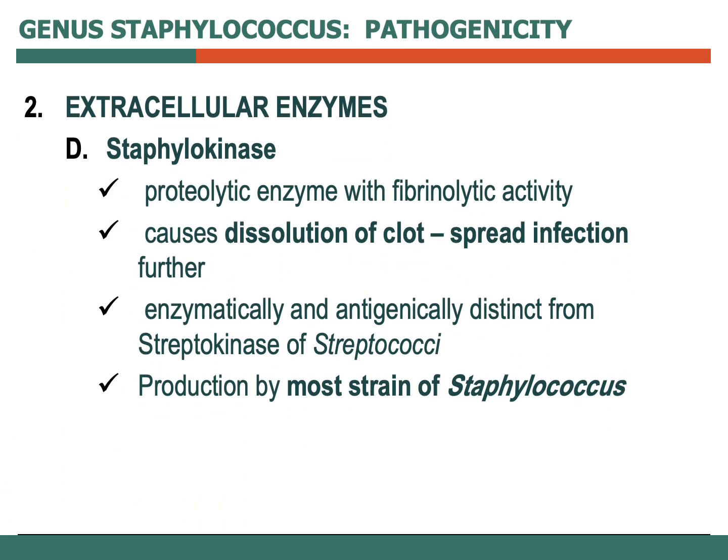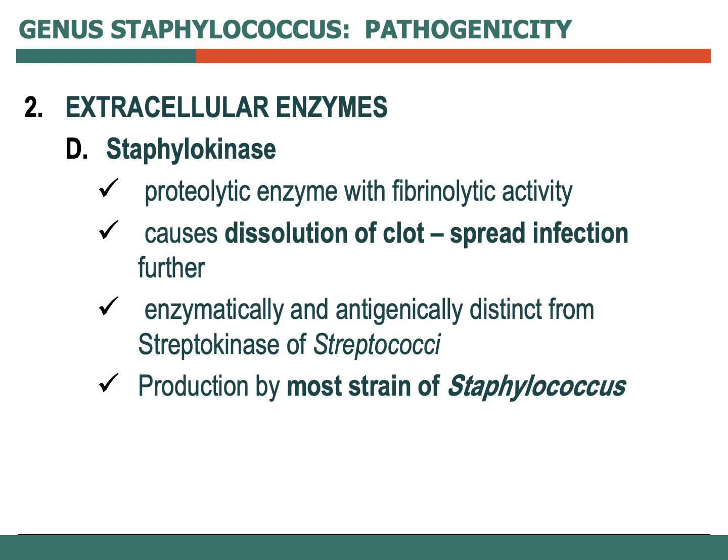You also have staphylokinase. Staphylokinase is a proteolytic enzyme with fibrinolytic activity. The main function is to dissolve the clot in order to spread infection further. These are produced by most strains of your Staphylococcus organism.